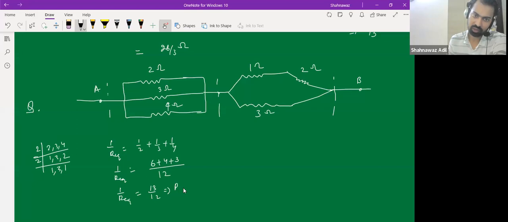So R equivalent for this one is 12 by 13 ohm.